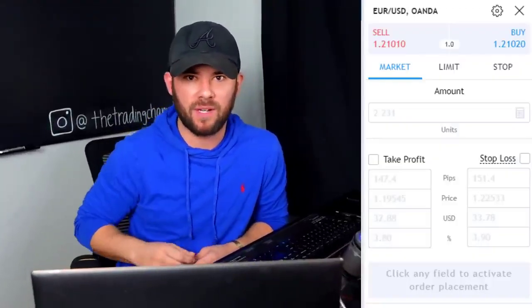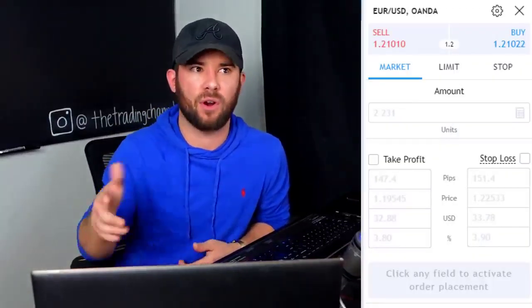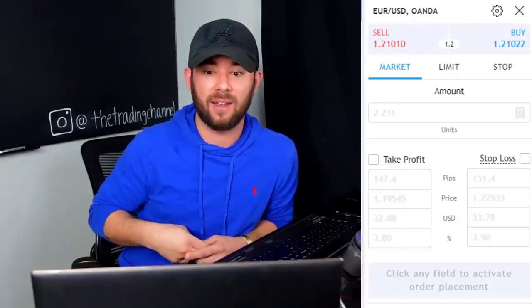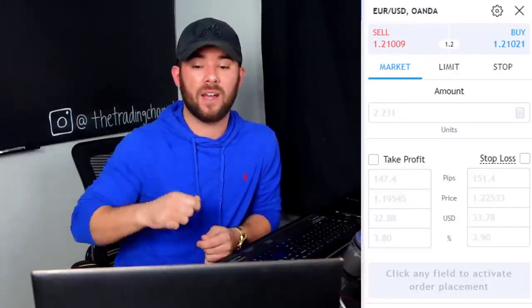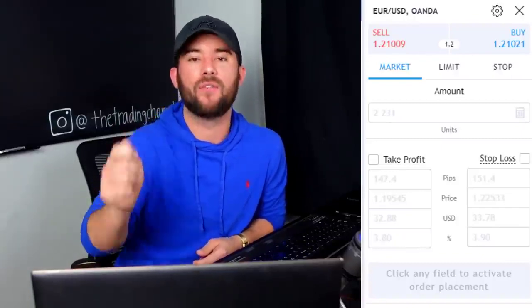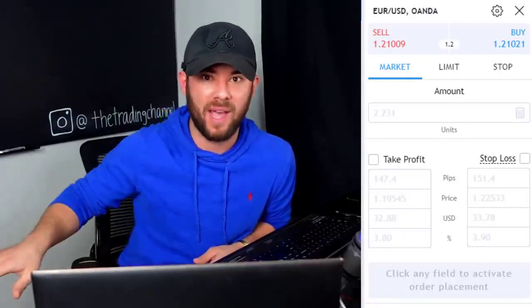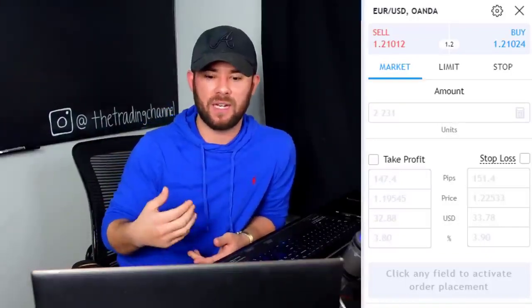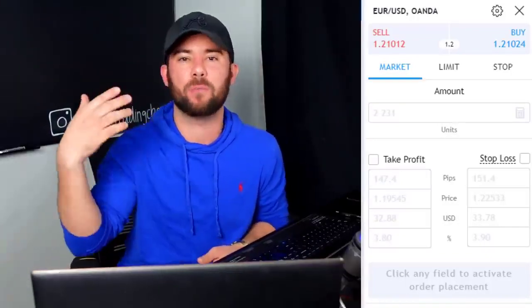But if you're trading with a $50 risk on a $1,000 account, you're already risking 5% of your account. And then you add $10 to that for the entry. And then you add another $10 because it's in and out for the exit. You pay another $10 when you exit the trade. And let's say you lose the trade. Now, instead of losing $50, you've lost $70 because you're paying commission.